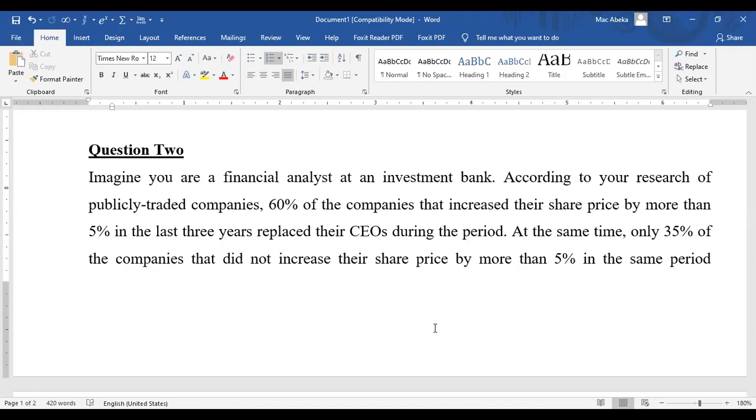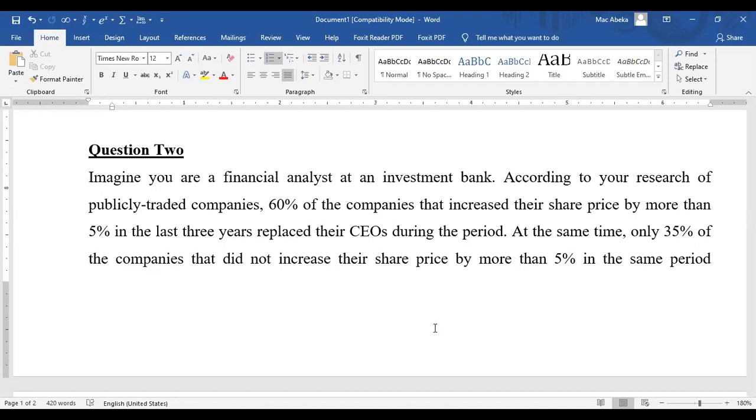So 60% of the companies that increased their share price replaced their CEOs, which means the probability of replacing CEO based on the fact that they have increased share price is 0.6. Because always when you are writing the dependent probability, the posterior event comes first in the bracket, based on the prior event, okay?